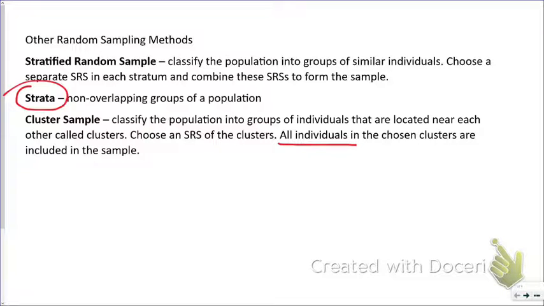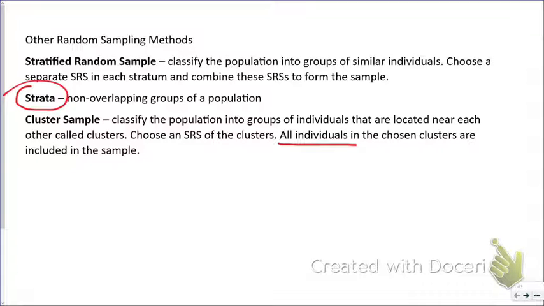But I'll just be honest, cluster sampling is weird. But once you get the hang of it, it's not too bad. It really just depends on the situation. And there are situations where cluster sampling makes sense.